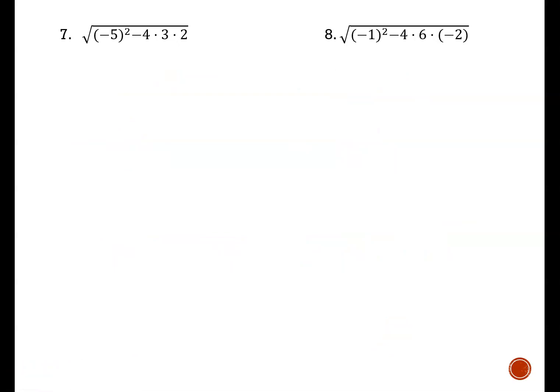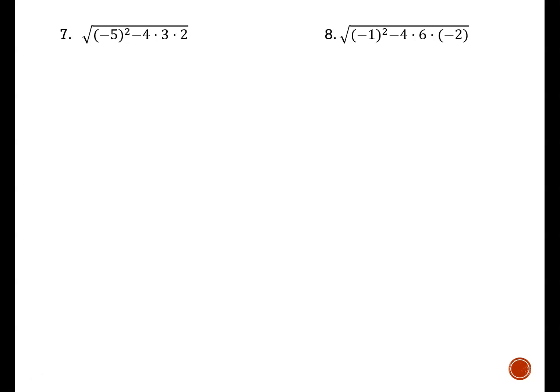We're going to do 2 more examples here before we go on and talk about complex numbers. These 2 examples are getting you ready to use the quadratic formula. We will use that to solve quadratic equations, and in using that, you will substitute numbers into the formula, and it'll look something like what we see here on these examples.